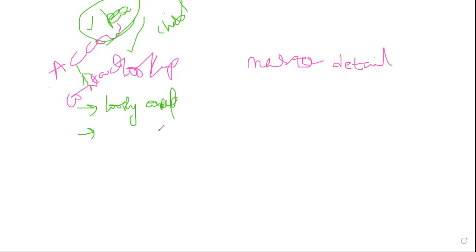On one object we can have a maximum of 40 lookup relationship fields. That is the thing you need to remember. And coming to the master detail relationship, it is a strongly coupled relationship.